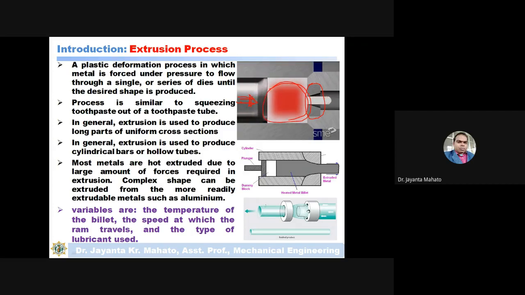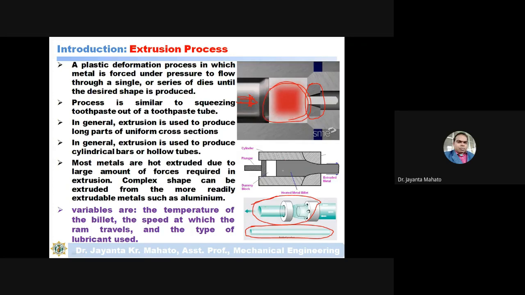From this extrusion process, you can make a product like this in hollow cylindrical type. Even thin-wall hollow cylindrical parts can be manufactured by this extrusion process also.